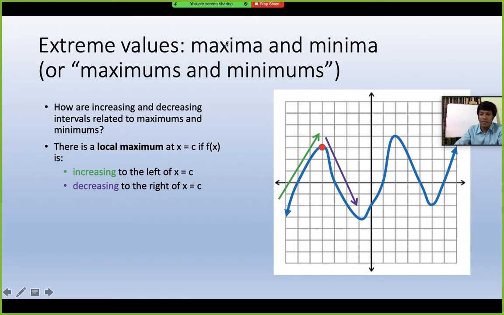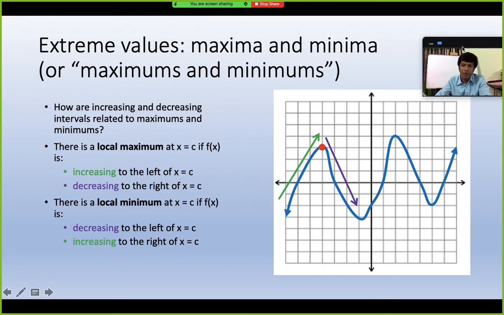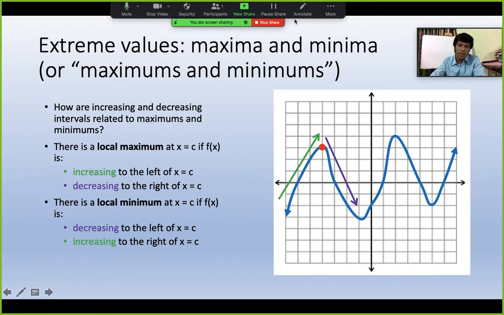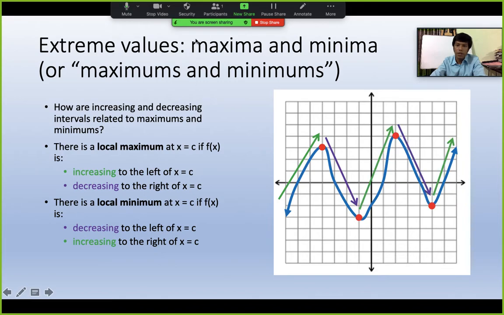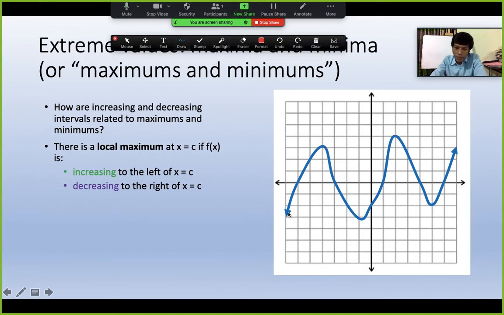Now let's look at the points. Where is the maximum, the minimum? If a graph is a curve like this, then you will see that there are some points. This graph zigzags in some kind of curve.